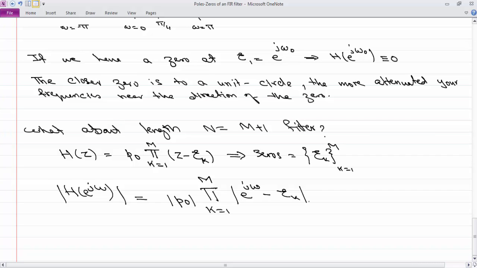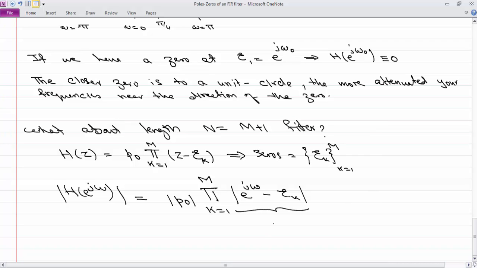So now what we see is that effectively each one of the zeros contributes to the factor that we saw earlier. And then collectively all of those contributions get multiplied.